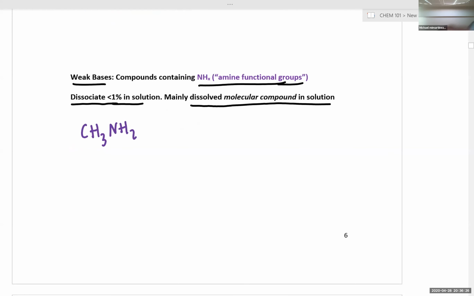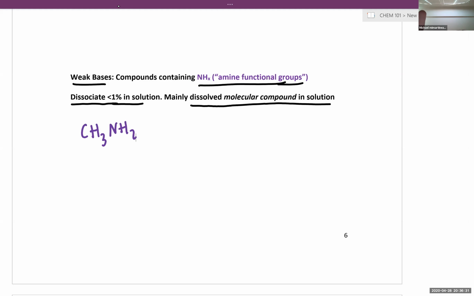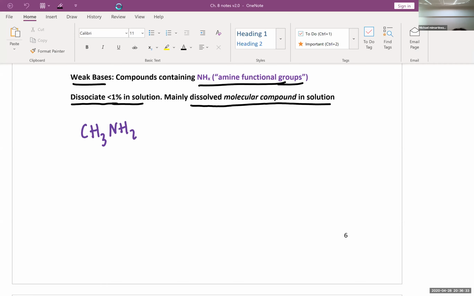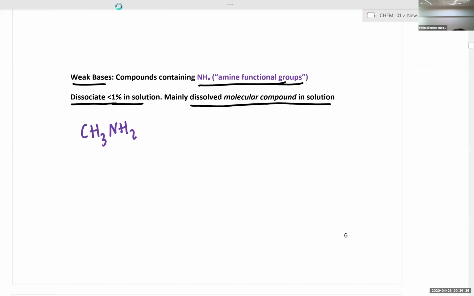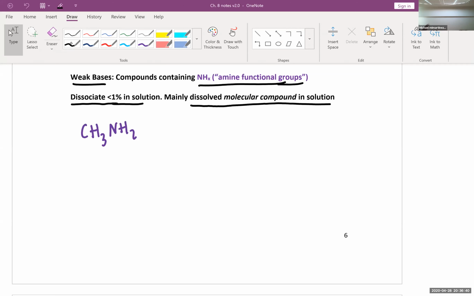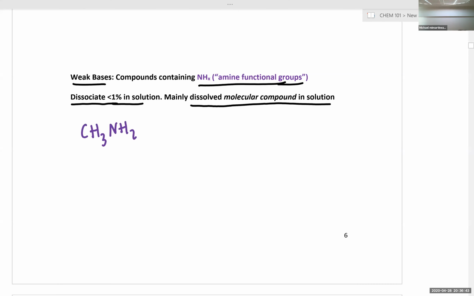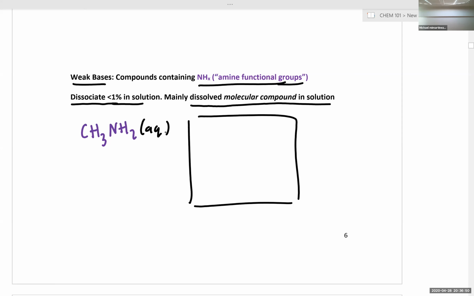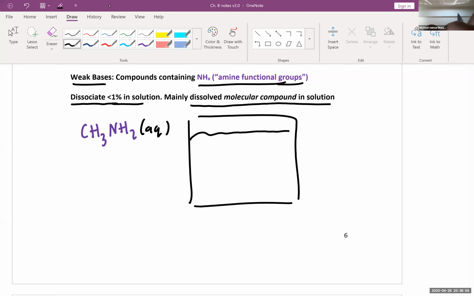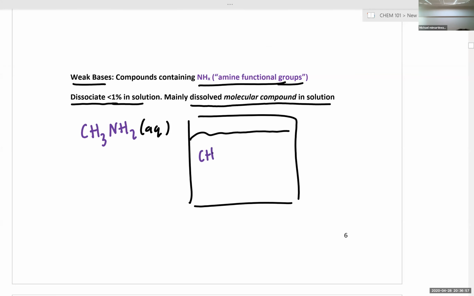Okay, so let's suppose we have a basic amine such as methylamine. For the most part, this basic amine will remain as whole molecular compound in solution. If we look at a picture of methylamine in solution, although it has the aqueous symbol, what we will see overwhelmingly are molecular species in solution.